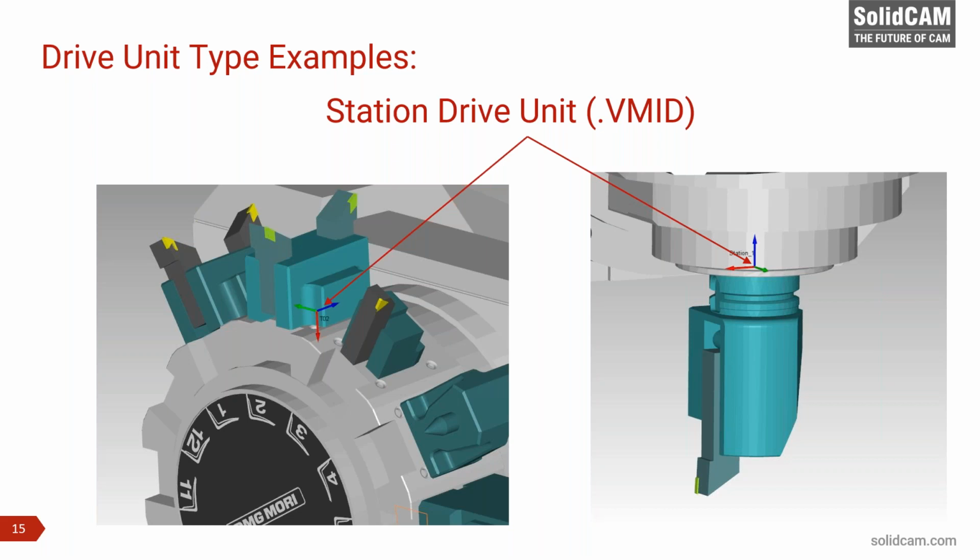They both can run live tools, and because of that, taking this tool and running it with some RPMs will of course spin these holders. But if we define these holders as not driven, they will be not driven, and therefore they will not be revolved around the spindle axis, or let's say more precisely, around the station axis. Yes.